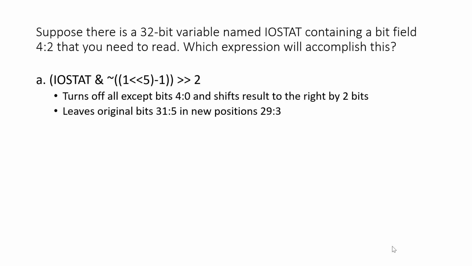So the first option turns off all except bits 4 down to 0. The crazy thing here is the order of operations. So this is creating 5 1 bits here, and then the complement is applied to that, so it's going to basically mask off 4 down to 0 in IOStat, and then this shift operation is going to happen last, right?